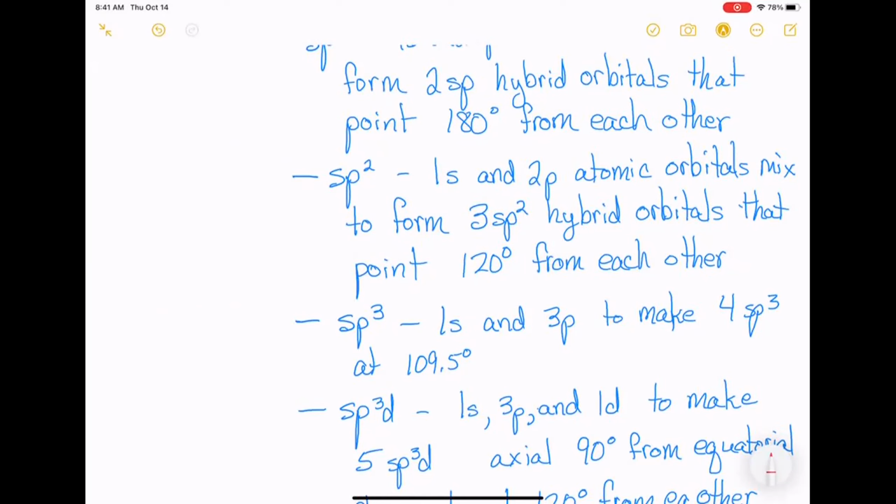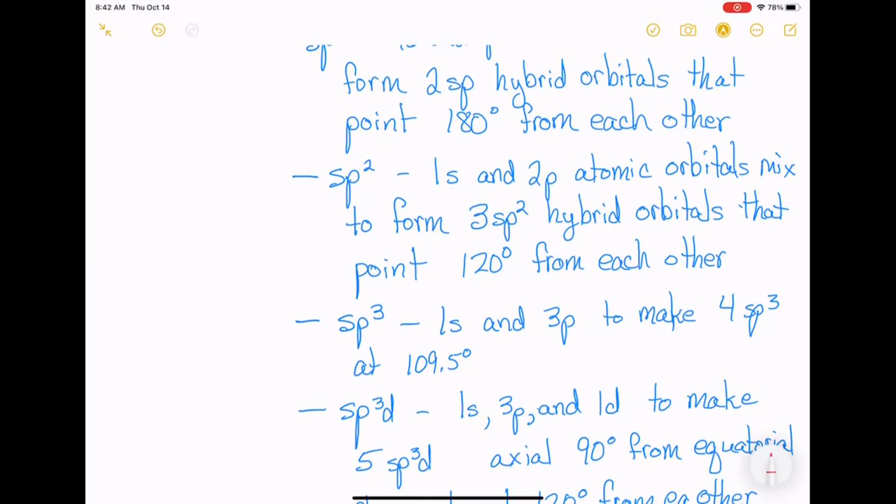And so if you have one S, 3 P atomic orbitals, and 1 D atomic orbital, and you allow them to combine mathematically, you're going to make 5 sp3d hybrid orbitals. Now, when you make the 5 sp3d hybrid orbitals, the 5 hybrid orbitals will point towards the corners of the trigonal bipyramidal molecule. And in pointing towards the corners of the trigonal bipyramidal molecule, you will find that you have axial electrons and equatorial electrons.